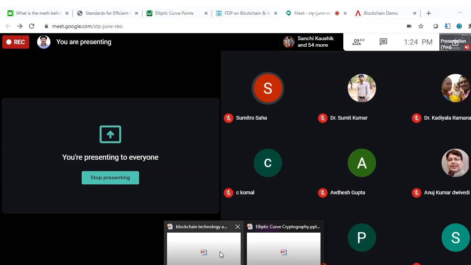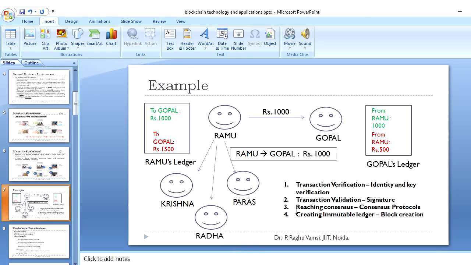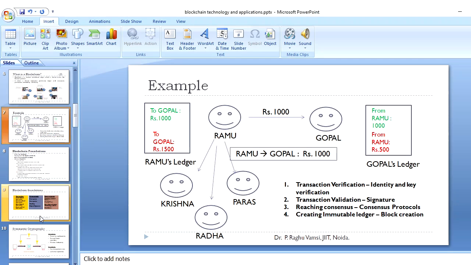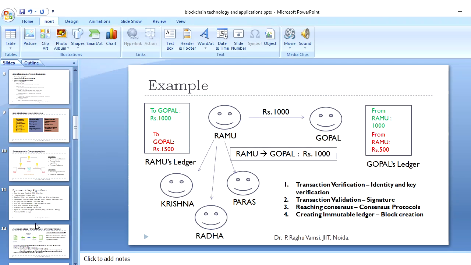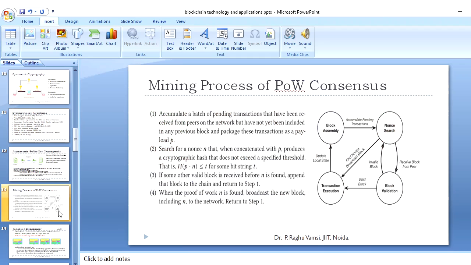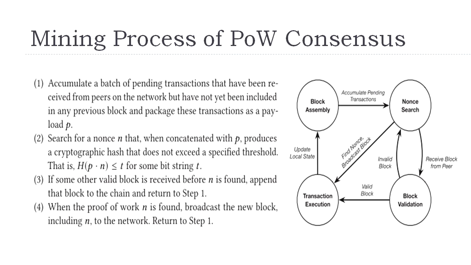Next, we will move on to the next step, which is called reaching consensus. We all know that Bitcoin uses proof of work as a consensus algorithm. Over a period of time, many transactions will be generated.